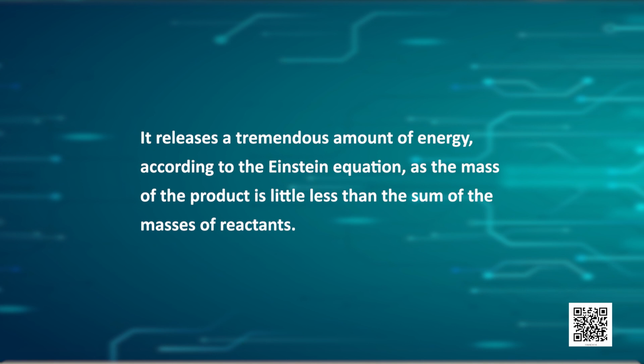It releases a tremendous amount of energy, and according to the Einstein equation, as the mass of the product is a little less than the sum of the masses of the reactants, the energy released is enormous.